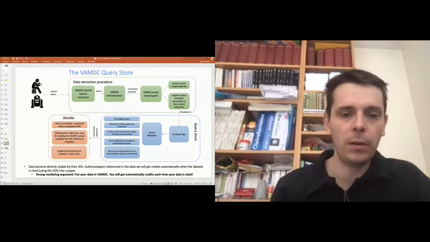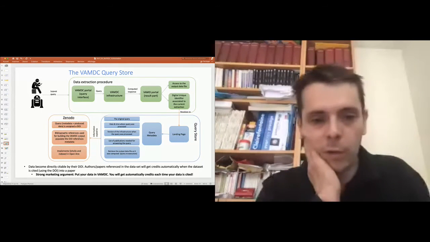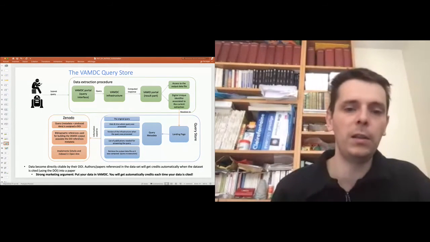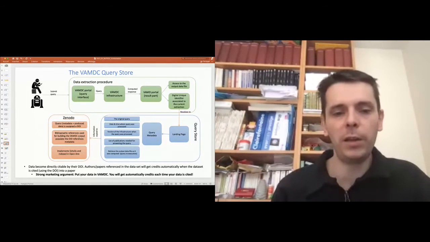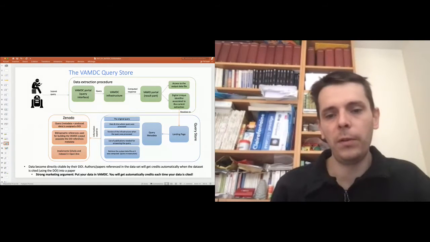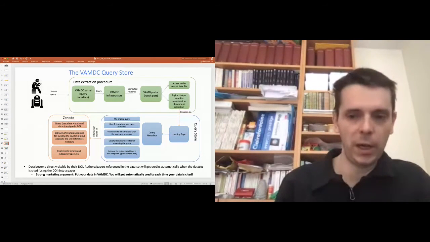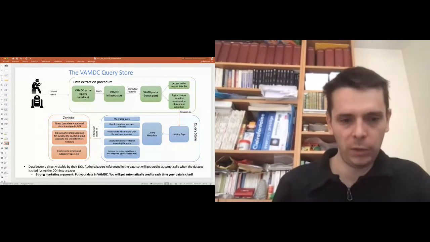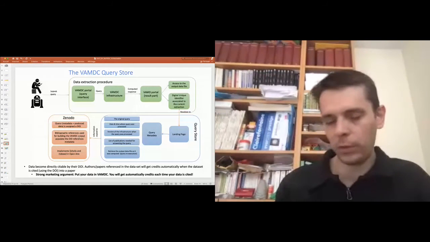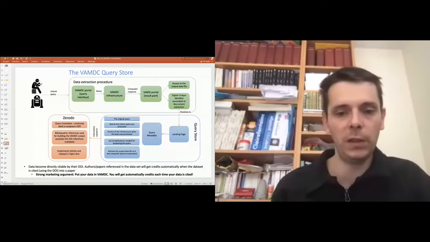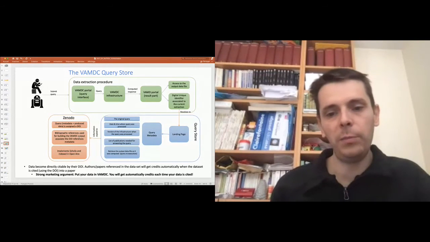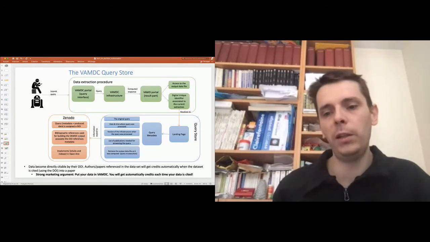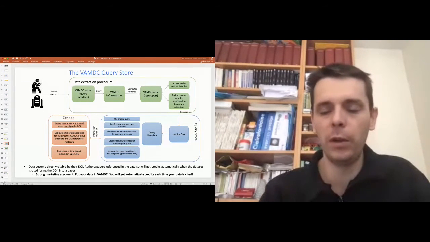And since Zenodo implements Scholix and is indexed in OpenAIRE, the data is directly citable by DOI, and the authors' papers referenced in the dataset automatically get credit when the dataset is cited. So this is a strong marketing argument for data producers to put data into VAMDC, because each time their data is reused or cited, the paper will automatically get credit through DataCite.